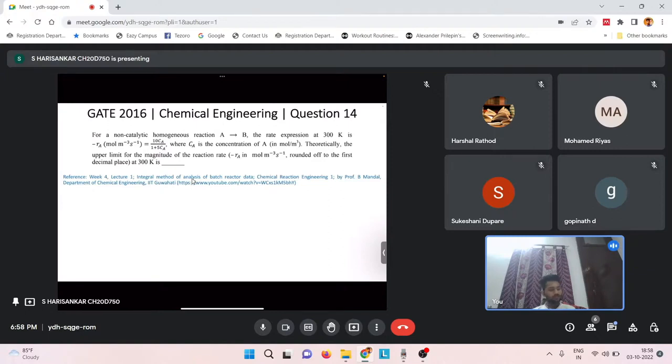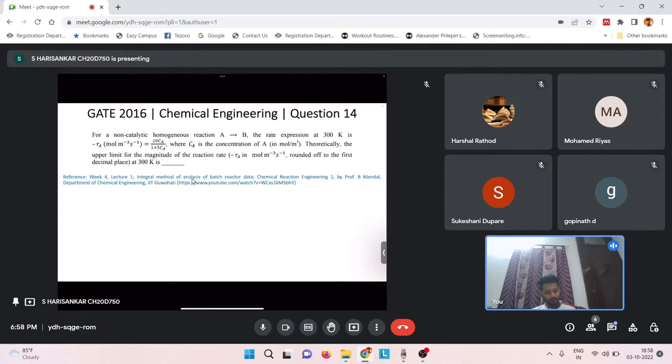Theoretically, the upper limit for the magnitude of the reaction rate minus Ra in mole per meter cube per second, rounded off to the first decimal place at 300 Kelvin, is dash. This is a question from reaction kinetics from chemical reaction engineering, and the reference NPTEL series can be found in week 4 lecture 1, integral method of analysis of batch reactor data, chemical reaction engineering 1 by Professor B. Mandal, Department of Chemical Engineering, IIT Guwahati.